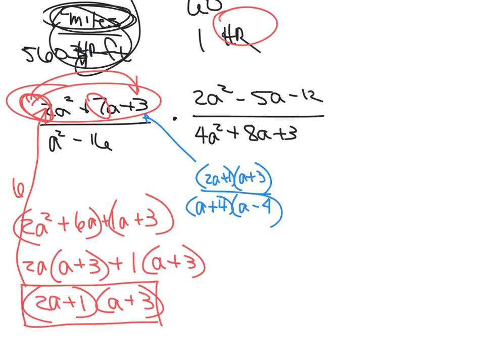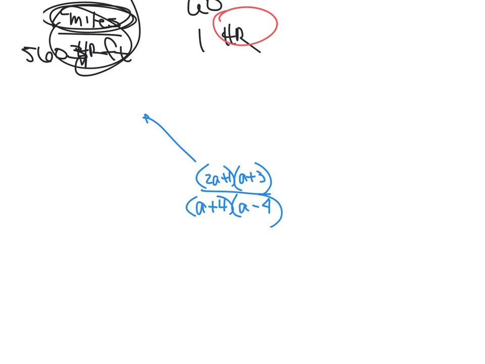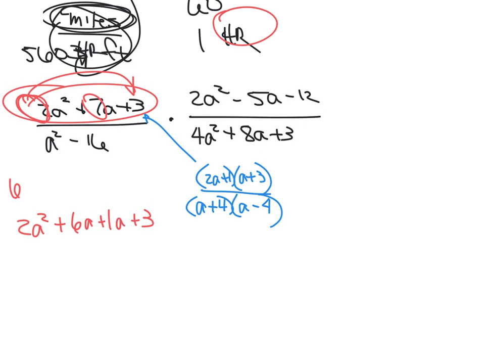You've done a lot of that, so I'm assuming you remember how to do that. Alright, so let's get rid of some of my workspace here, or make some more. Whoop, that took away too much. Alright, so now let's simplify this here. And we'll do it over here to the right hand side.